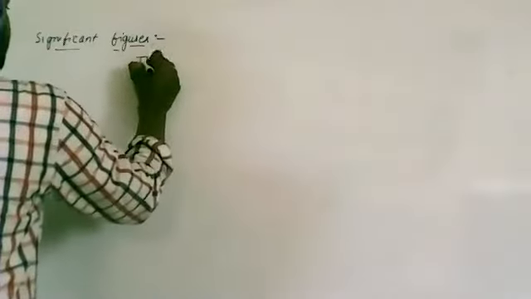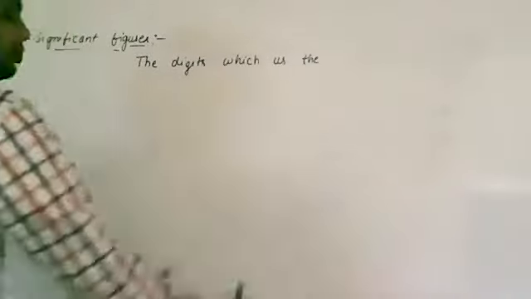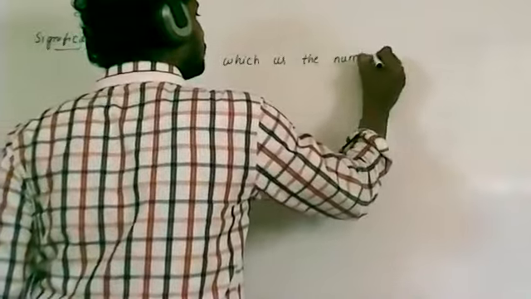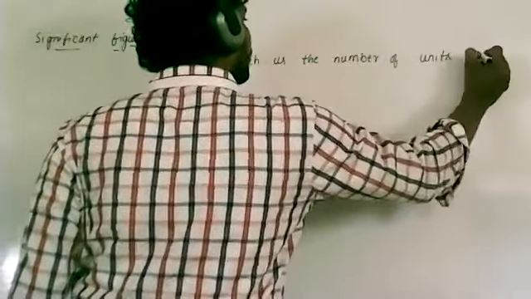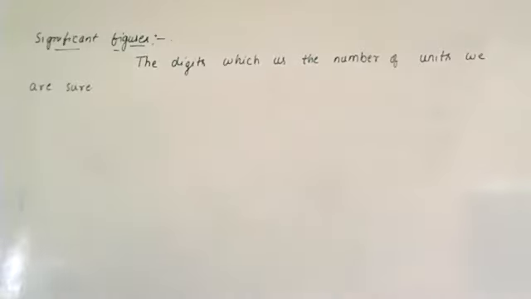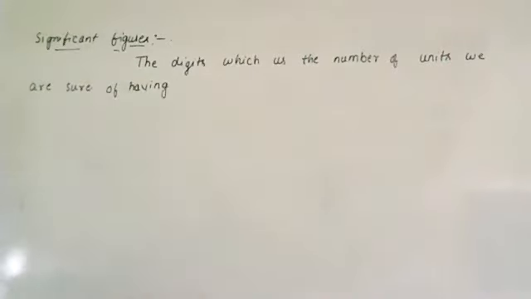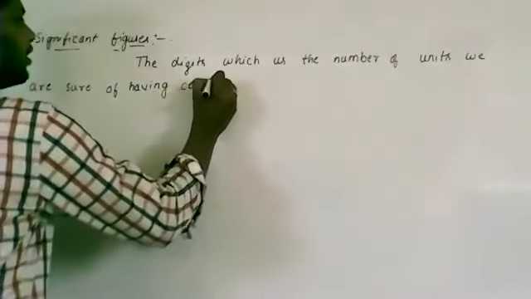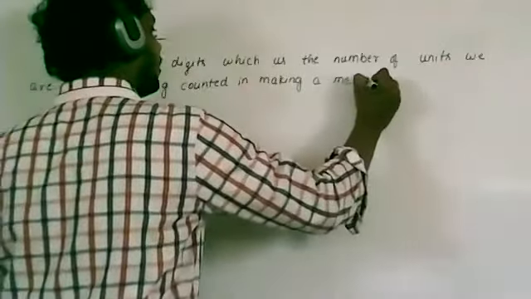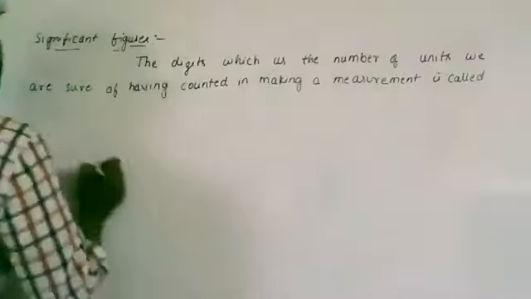So write down: the digits which tell us the number of units we are sure of, having counted in making a measurement, is called as significant figures.